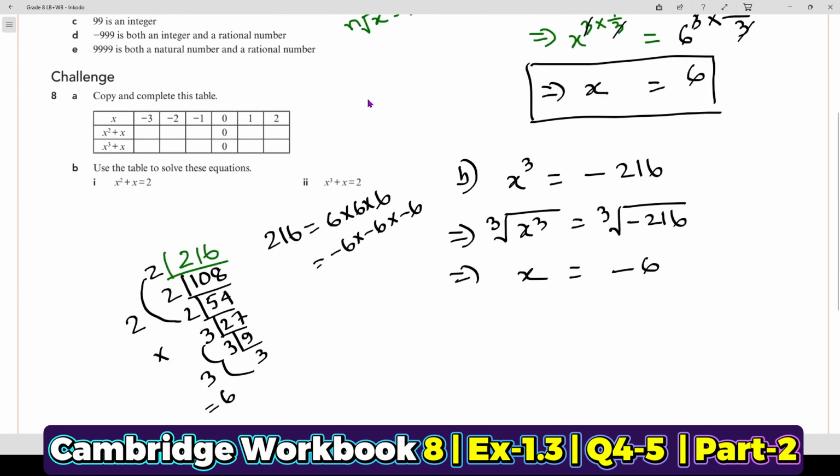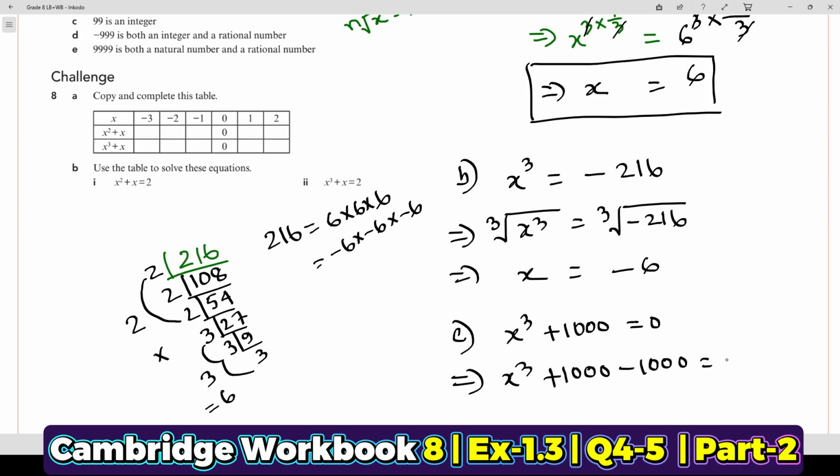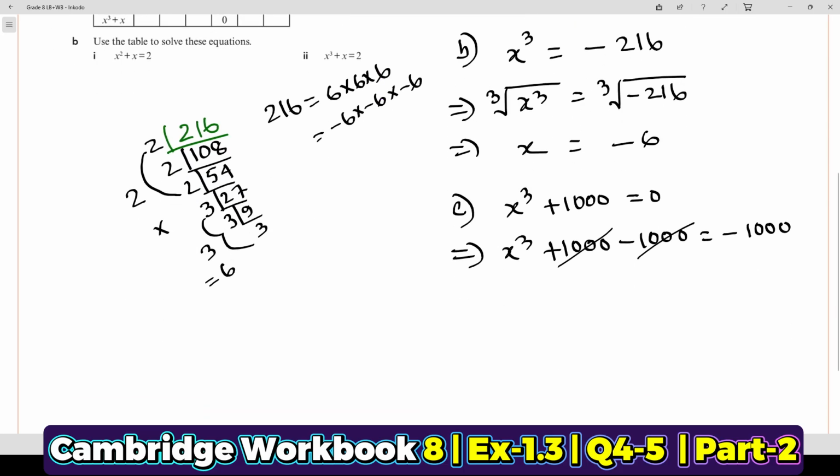Number C, here is x cubed plus 1000 equals 0. Now we subtract 1000 from both sides, right? So we write x cubed plus 1000 minus 1000 equals minus 1000. This plus 1000 and minus 1000 cancel out, and we can write x cubed equals minus 1000.